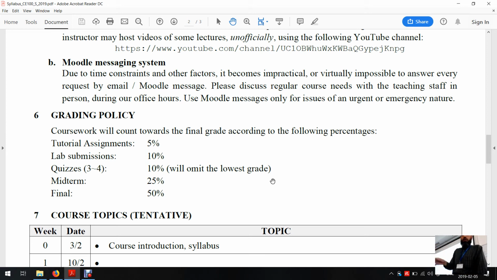For example, someone gets 20 out of 20 in quiz 1, and 20 out of 20 in quiz 2. So he says, okay, I don't have to attend quiz 3 because the doctor is already going to compute the average. But if you don't attend the last quiz, then you are not prepared for the final exam. So try to attend all the quizzes, even if you do well in the first 2, because this will help you study for your final exam.